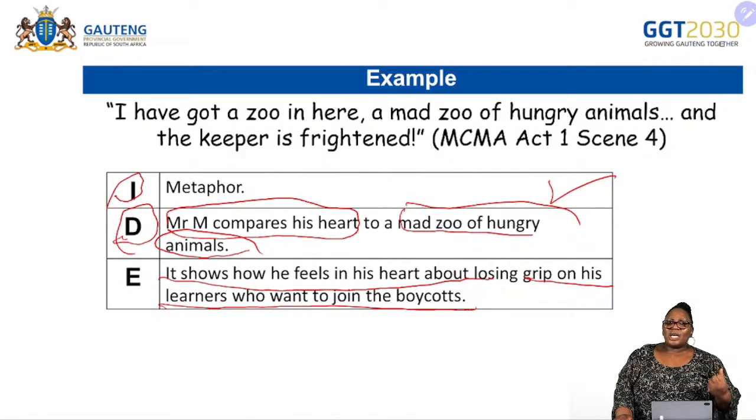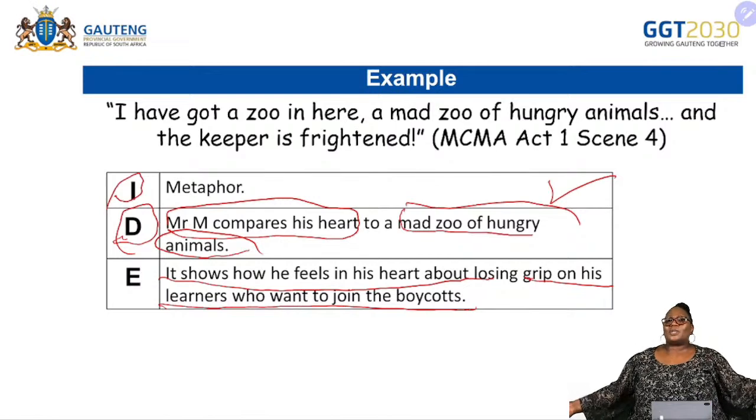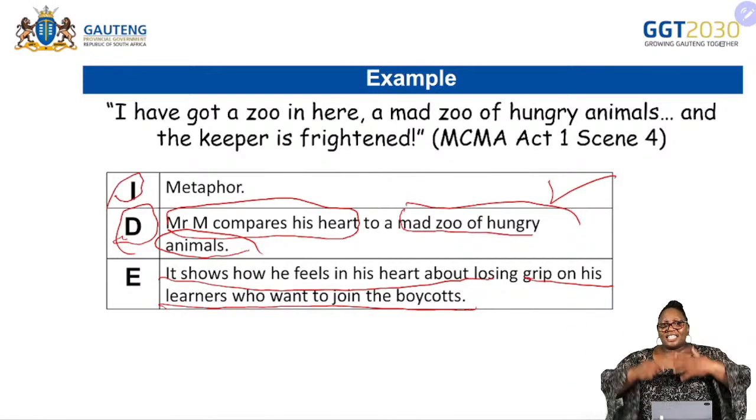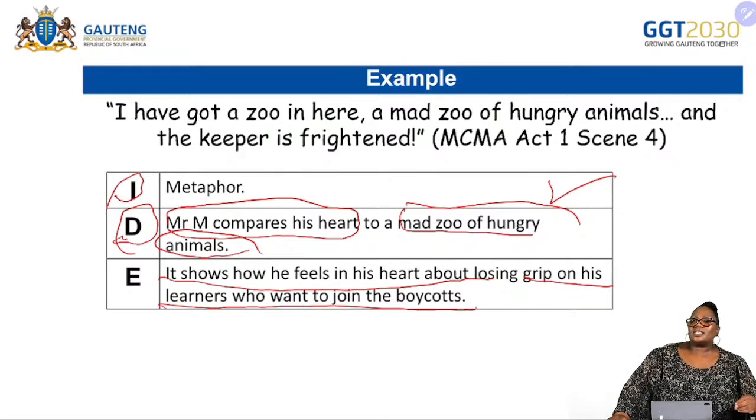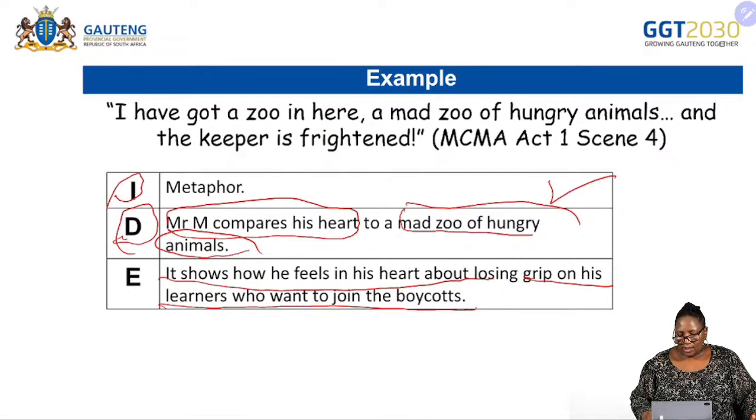He's troubled. He wants to go out. He wants to say to them, come back to school. Children, come back. His heart is sore, is raging. And he can't take it that he has lost grip of his learners who want to join the boycott.